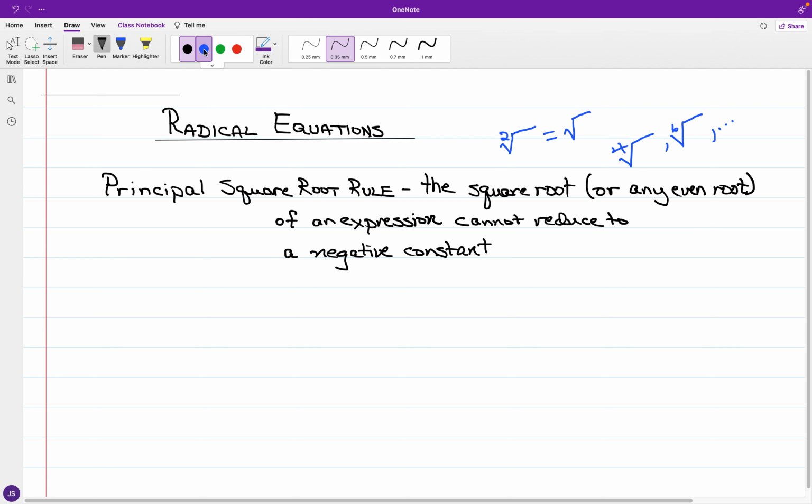Let me just mention, the principal square root rule applies to even roots.